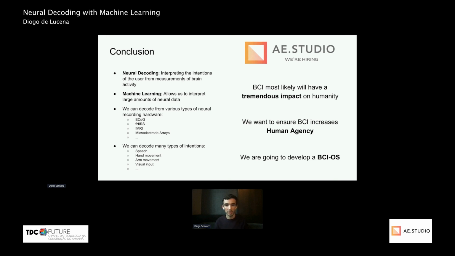We want to implement and be on top of it to help push the field forward. And we can do that for a variety of different types of intentions: speaking, movements, visual inputs, audio inputs, and always looking at BCI as this really big impact that it's going to have in humanity. And we want to make sure that we have the right technology available for the right people to push it forward.